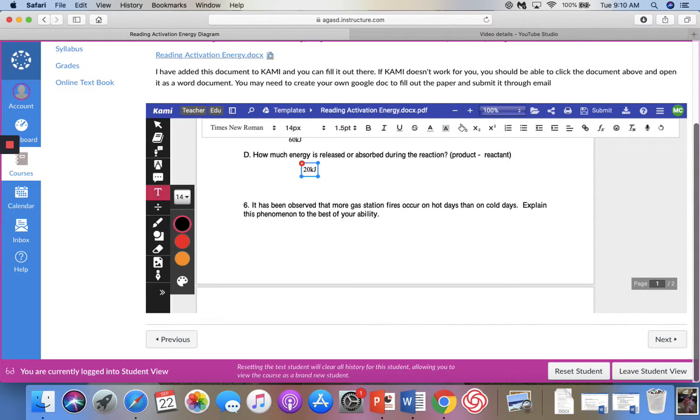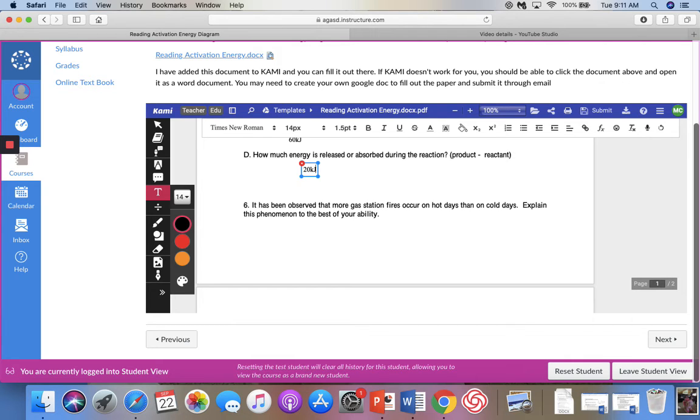It has been observed that more gas station fires occur on hot days than cold days. Explain this phenomenon to the best of your ability. Well, think about what needs to occur in order for a reaction to happen. Normally you have to have the correct environmental conditions, and we know that heat is going to cause reactions to take place faster.